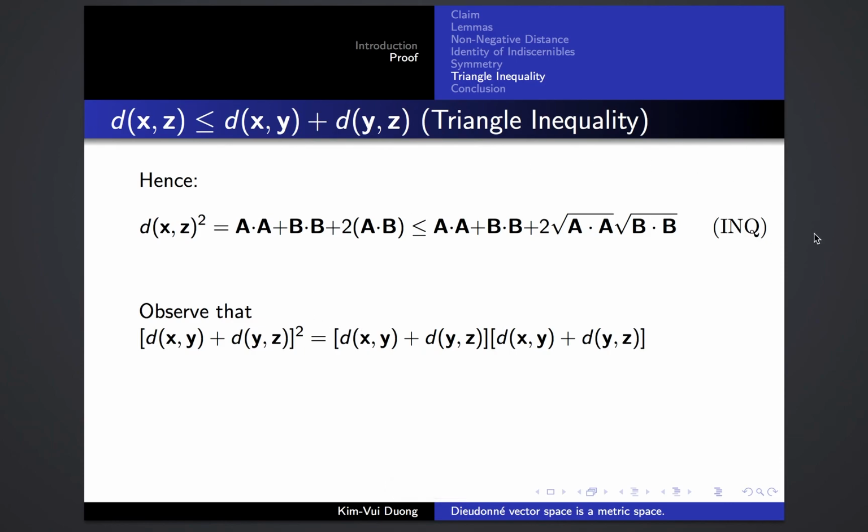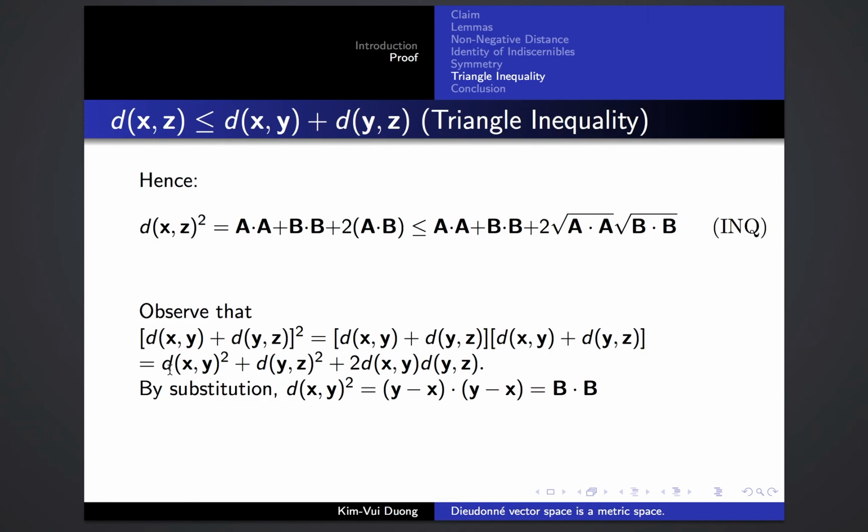Setting that aside, observe that the distance between x and y plus the distance between y and z, quantity squared, by FOILing, yields the distance of xy squared plus the distance of yz squared plus 2 times the distance of xy times the distance of yz.